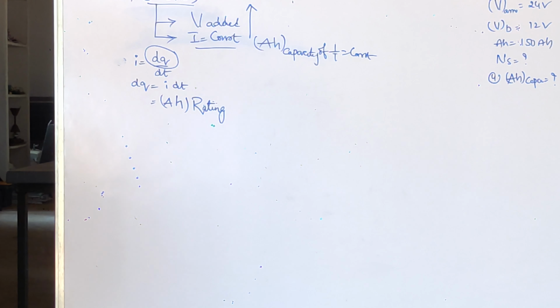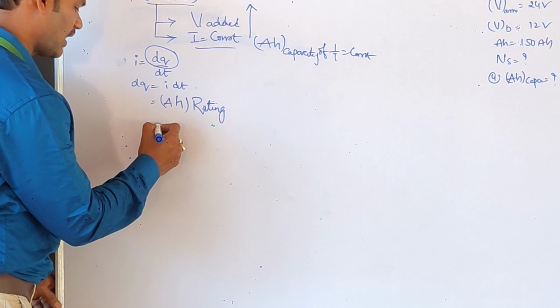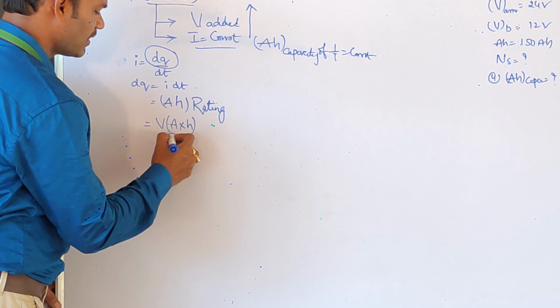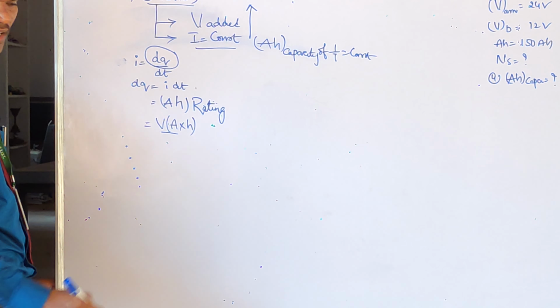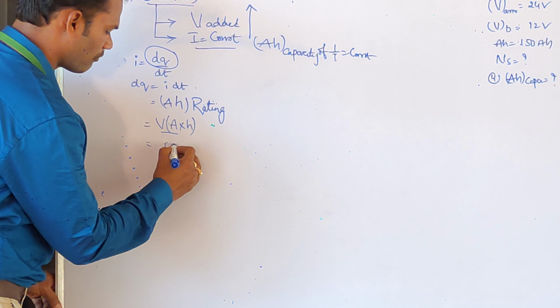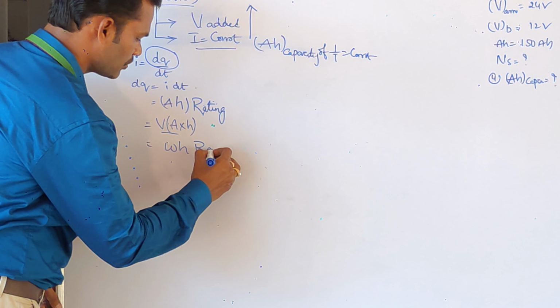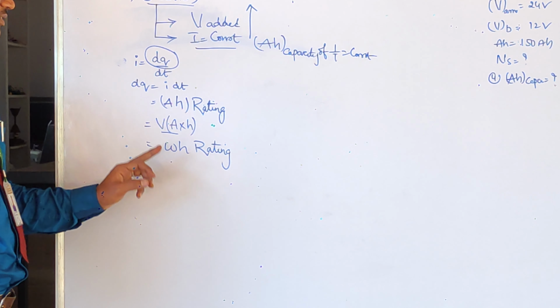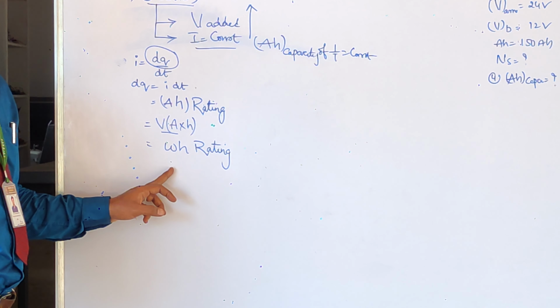Or some manufacturers multiply by voltage, voltage into current into hour, which is called the watt hour rating. So there are two types of ratings we can use: first is ampere hour rating and next is watt hour rating.